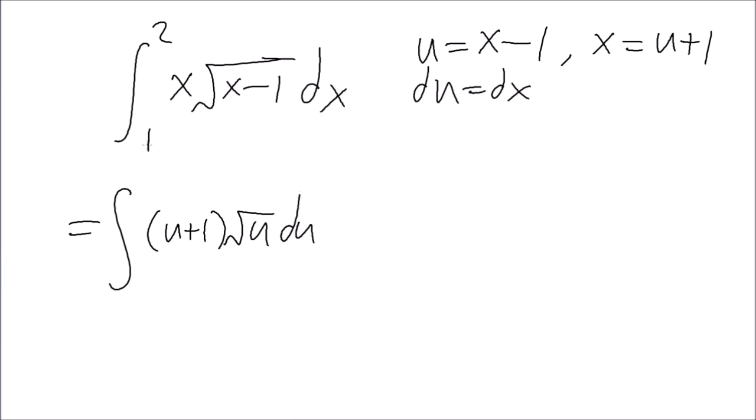What about our bounds? Plug in 1, that's 0. Plug in 2, 2 minus 1, that's 1. Cool. Then it's power rule: distribute and power rule. I'm just going to go by fast for the sake of time.